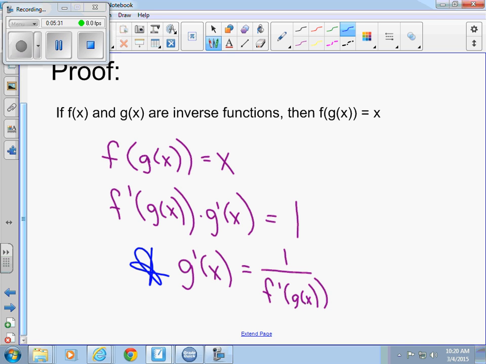The inverse. And if I'm talking about f of x or g of x, either way, I'm talking about a y value, right? So this is 1 over the derivative of f at the y value of g. Interesting thought. So that's what we're going to be looking at today, how to make that work with numbers.